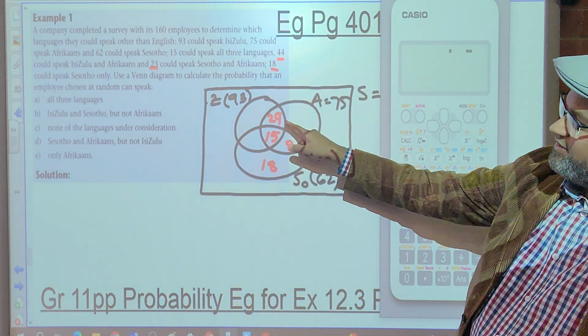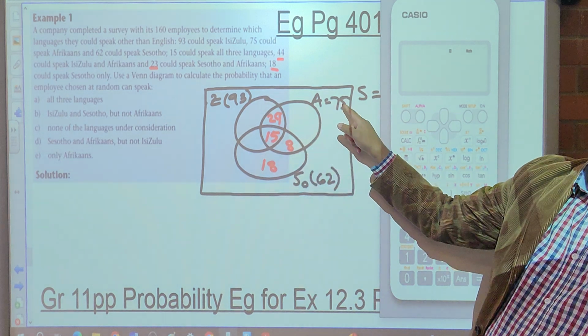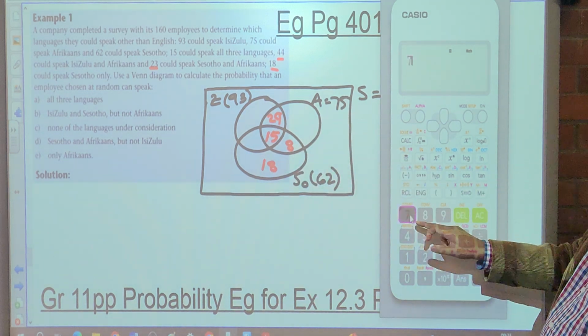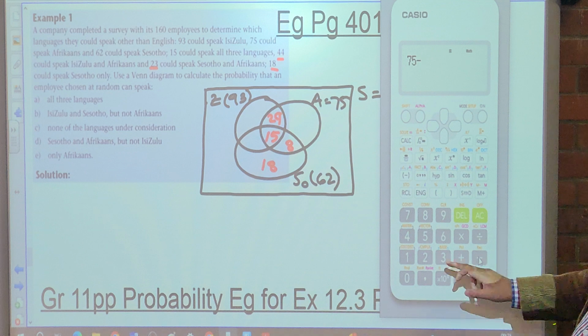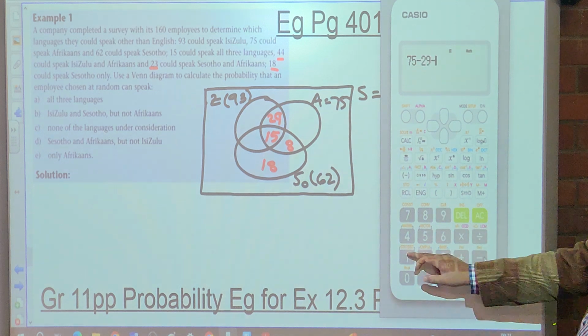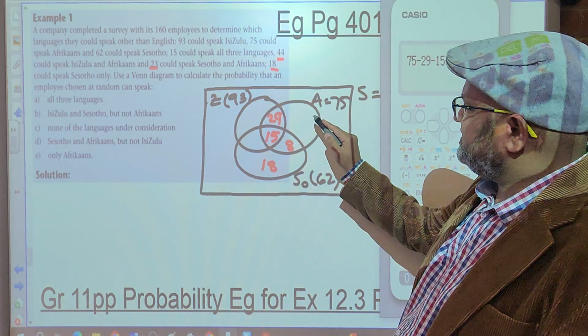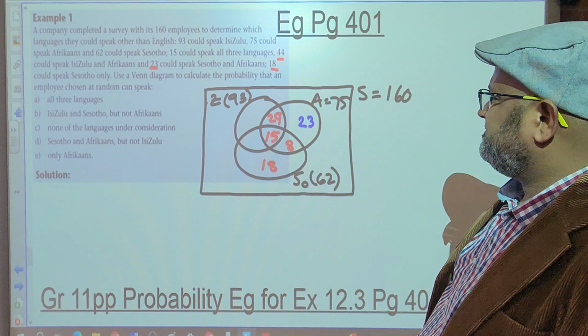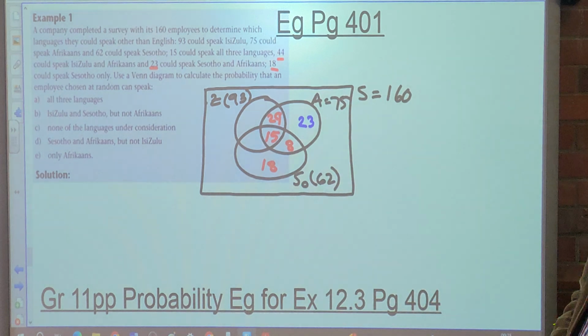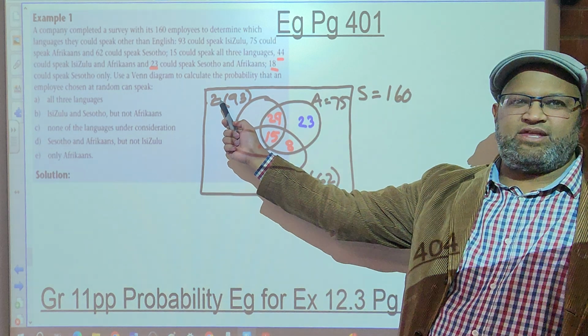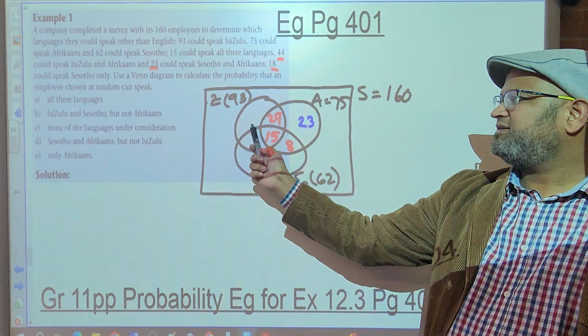Remember that these parts add up to 75. So I say 75 minus 29 minus 15 minus 8. That adds up to 23. So 23 goes here. We can't calculate Zulu at this point. Why? Because there are 2 unknowns here.